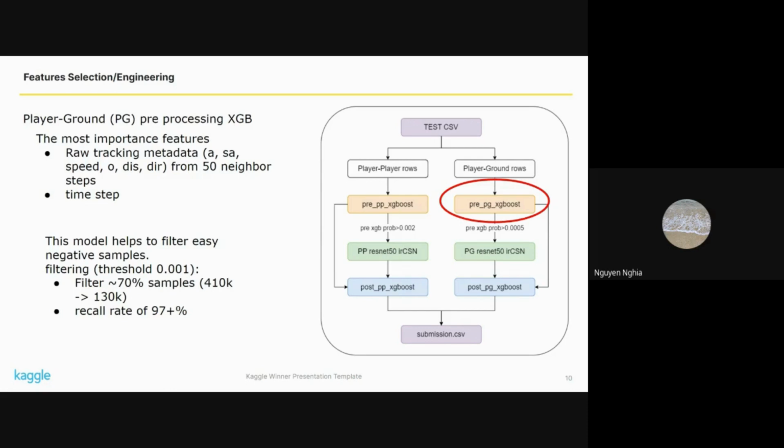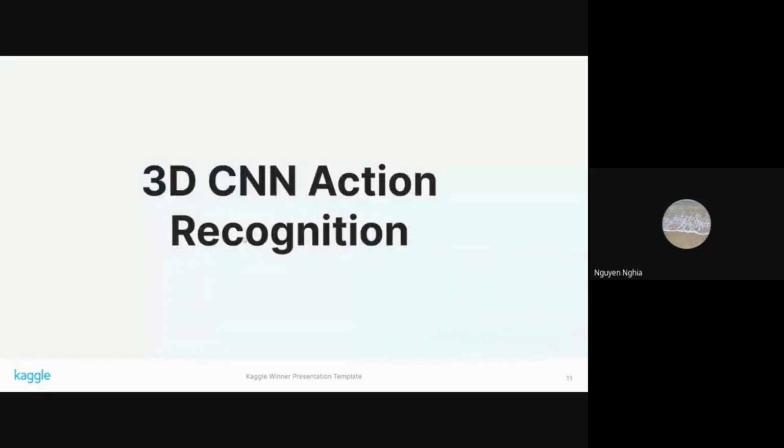I use a threshold of 0.001, and this threshold is decided by my cross validation score. And then a 3D CNN action recognition model is applied to the remaining rows in the CSV.